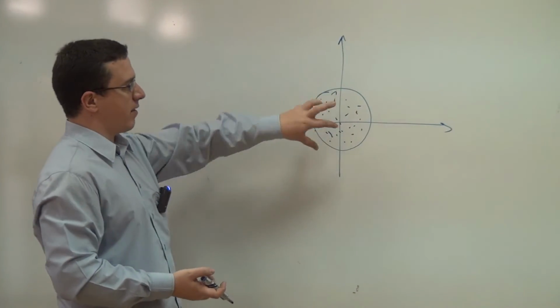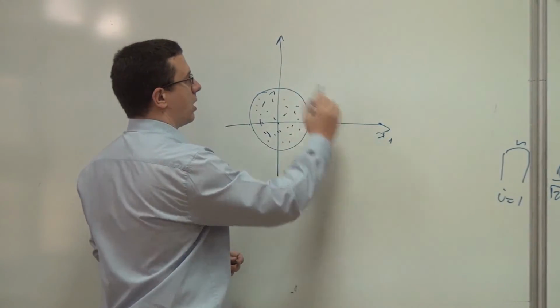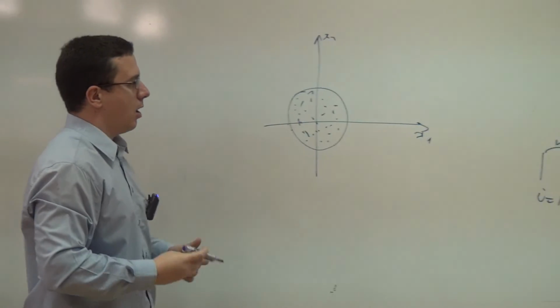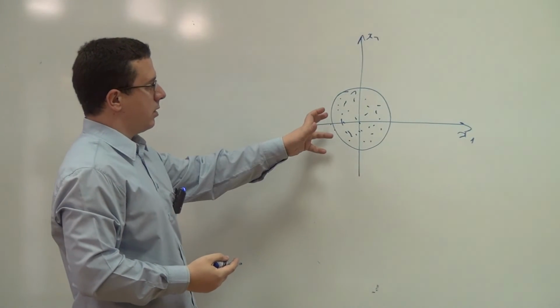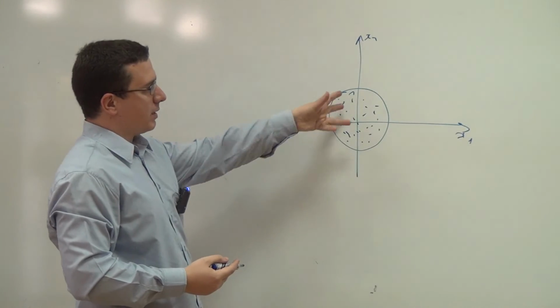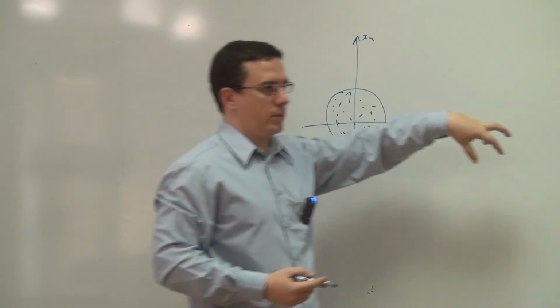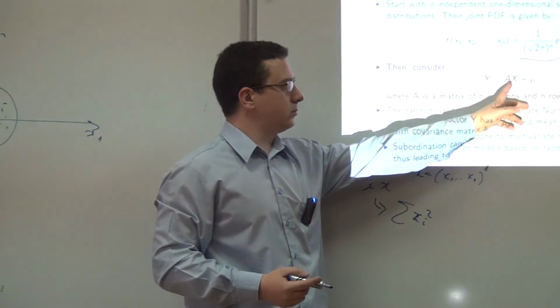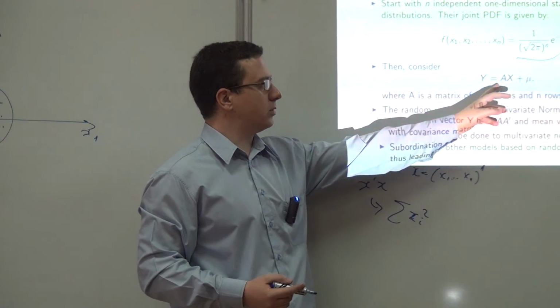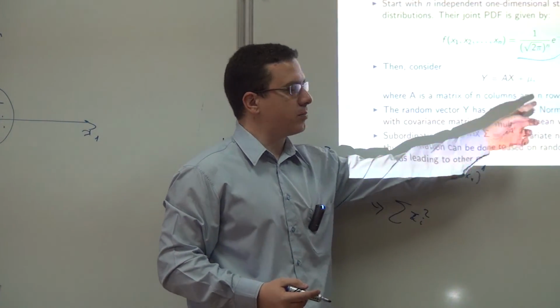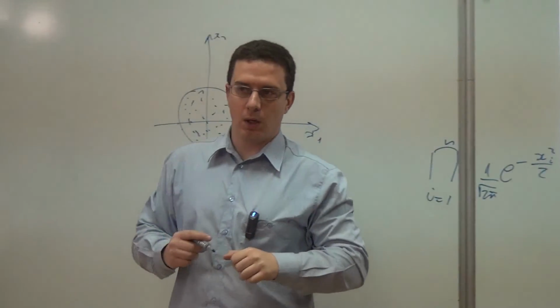When we have these variables, this would be x1, this would be x2. What you do is rotate and scale it with a linear transformation. So the matrix A has n columns and rows, so it's a square matrix.